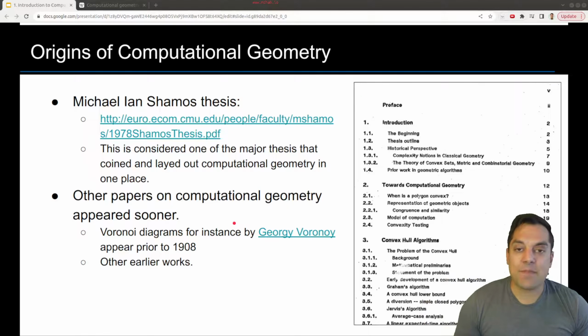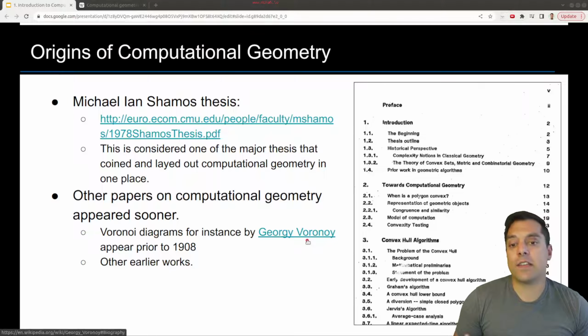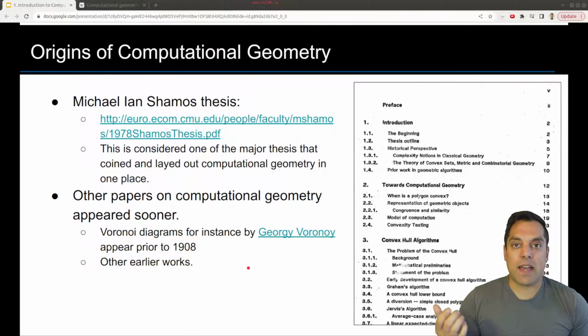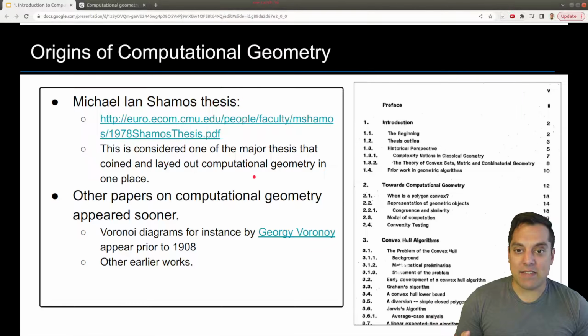There have been other foundations to what we now apply in computational geometry, by Georgy Voronoi, with these Voronoi diagrams since the 1900s, and many other earlier works going back to the origins of mathematics, where we're applying geometry and trigonometry. Those are directly applicable here. So keep in mind that the field of computational geometry, using computation, was coined around the 70s or so.